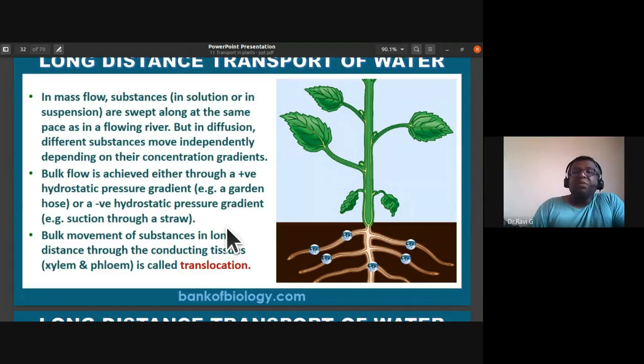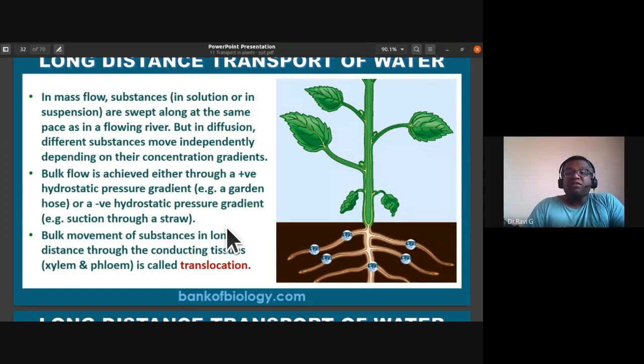But in diffusion, different substances are going to move independently depending on their concentration gradient. You know that diffusion is a slow movement of solute, solvent, or gaseous molecules from a region of higher concentration to lower concentration. Only if this difference is there can they move. The diffusion of particles is independent of each other.